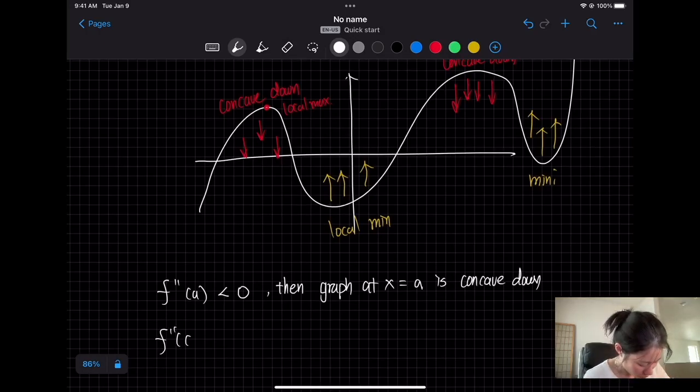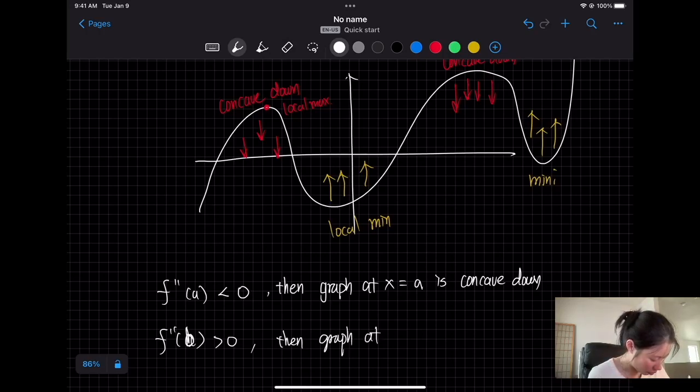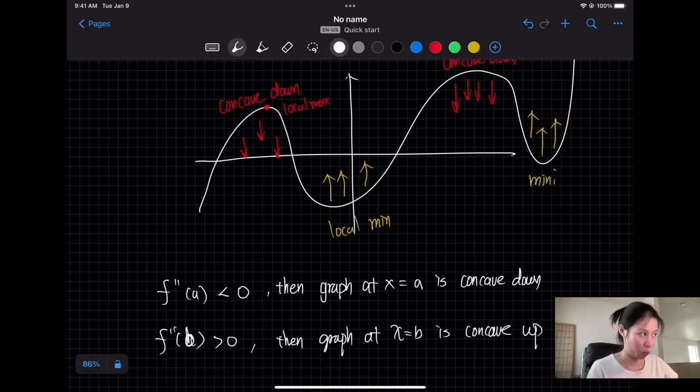If the second derivative at b is greater than 0, then the graph at x equals b is concave up. This is the second one to do it.